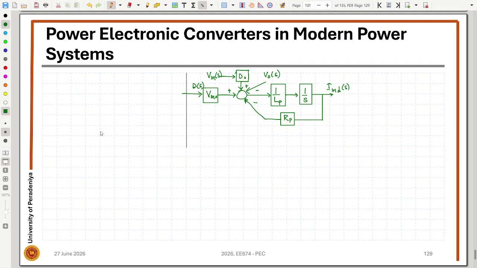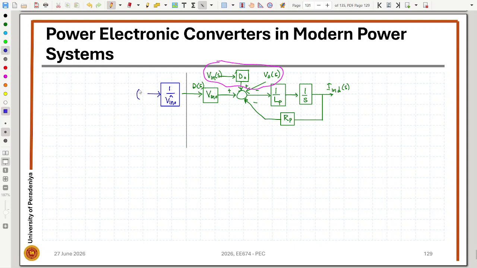So now we can develop the controller. First we can decouple the operating point value, using the operating point value, which we will decouple. When we do that, we will be moving into this point. Both of these two quantities we can consider as a disturbance on the system, and then we have the internal feedback Rp.